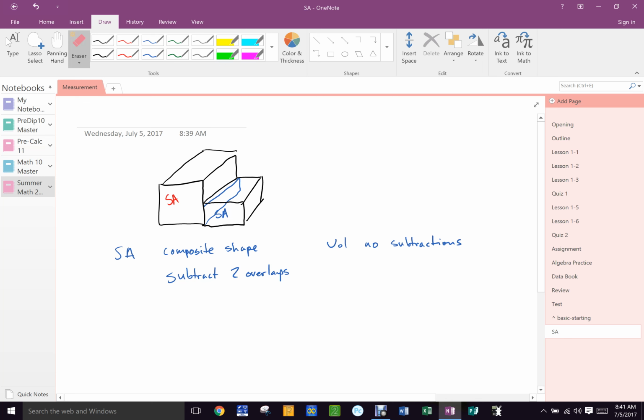So how would you go about finding the volume of this piece? What would you do?